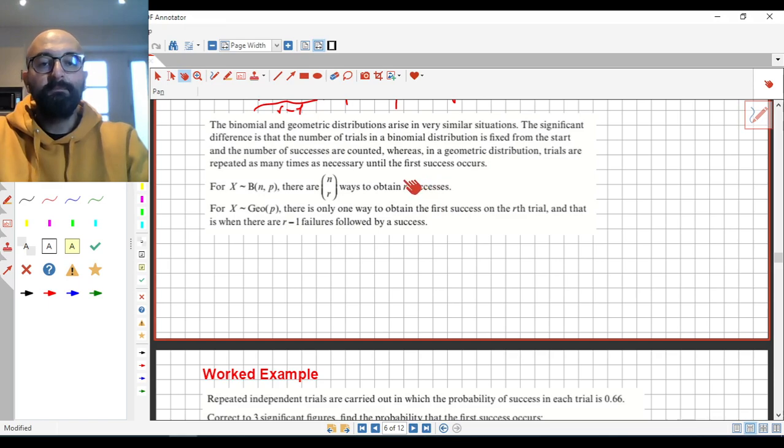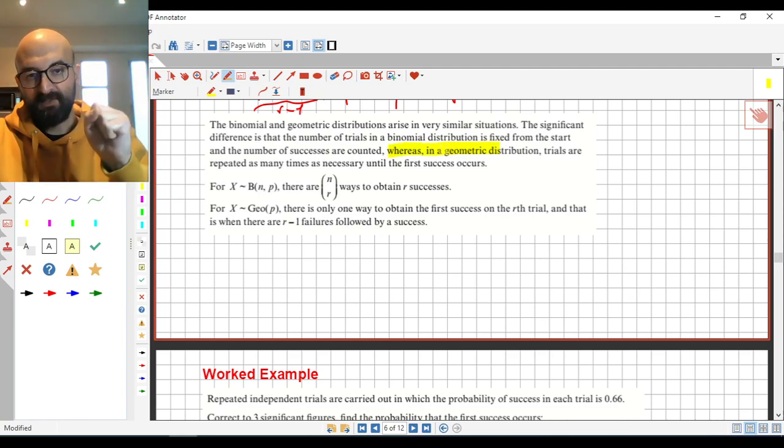But in the geometric distribution, we have to get one success, and it matters which trial the success comes on.